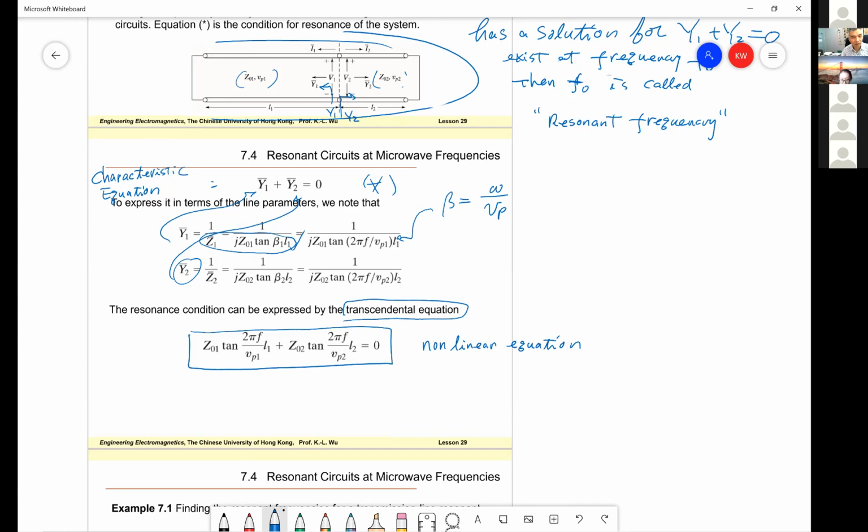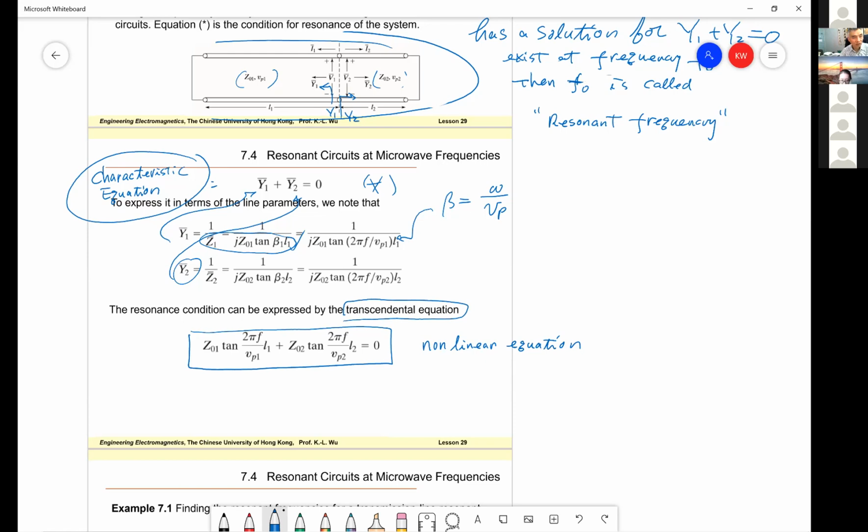What we learn here is we can build up a characteristic equation for a particular problem. For different engineering problems the equation could be different, but the method you can always apply.